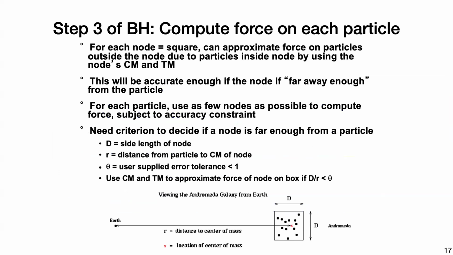We have nodes in the quadtree which correspond to bounding boxes in space. For every bounding box at some level, we consider all other particles in different bounding boxes as far away, and we use the approximation to compute on the points in this box. The goal is to minimize the number of nodes we need to compute the force on, subject to an accuracy constraint that depends on the side length d of the node and the distance r from the given particle to the center of mass of the other node.